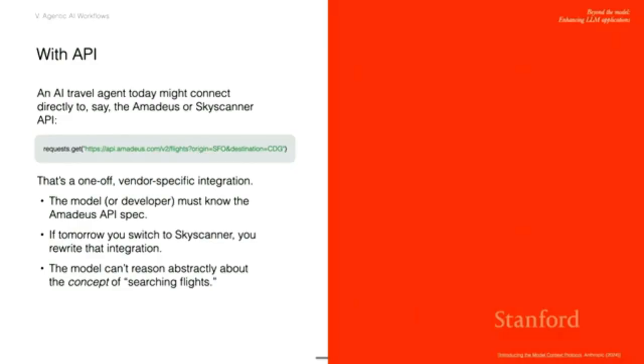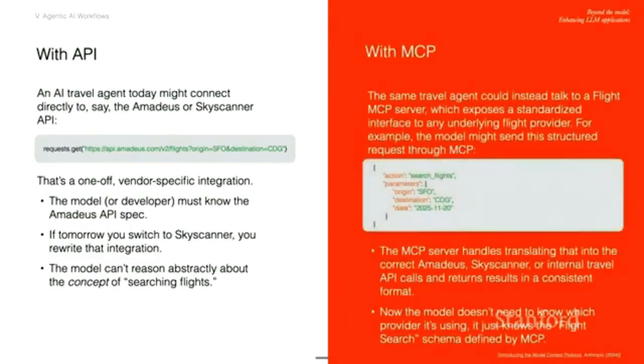So you would say, this is how you ping this API, and this is the data that it will send you back. And you would have to do that in a one-off manner. So you would have to build or sort of give the API documentation of your flight API, your booking hotel API, your car rental API, and then you would give tools for your model to communicate with those APIs. It doesn't scale very well, versus MCP.